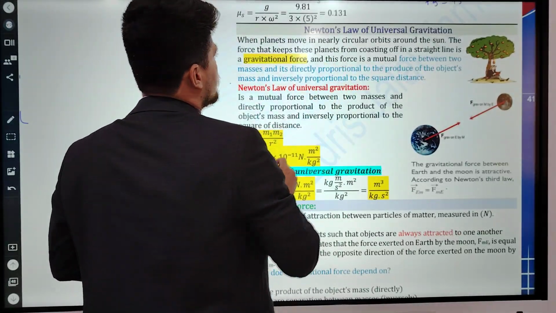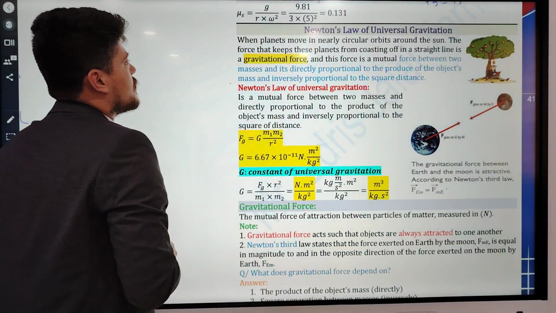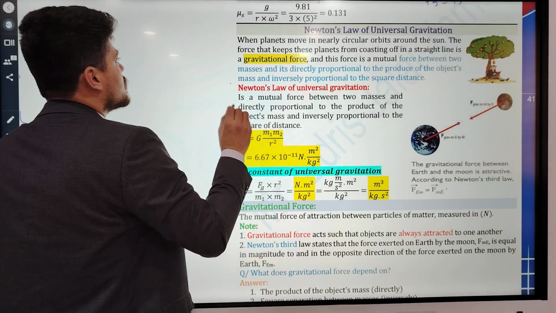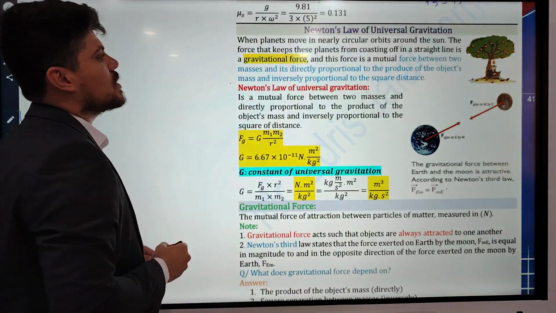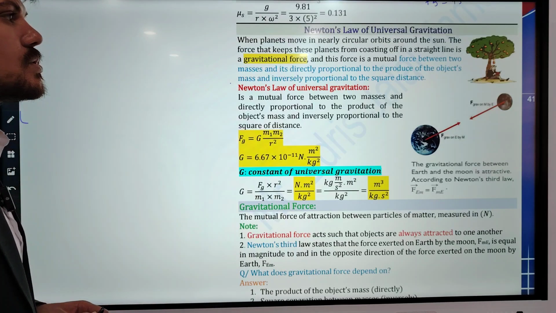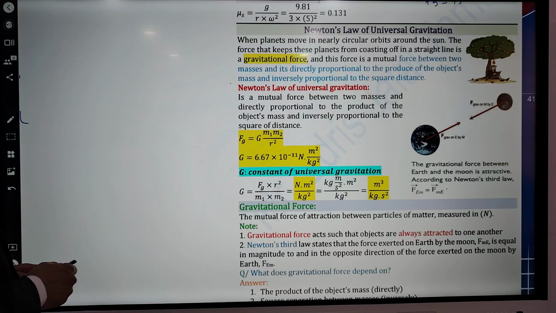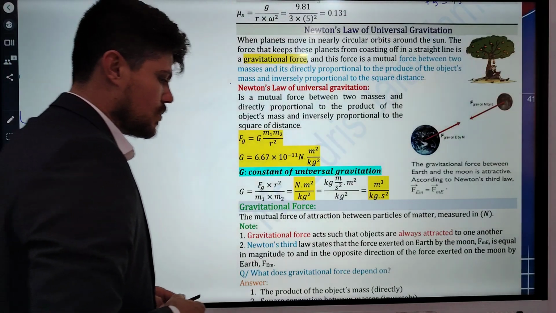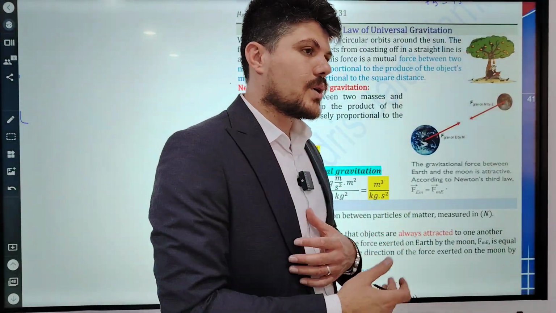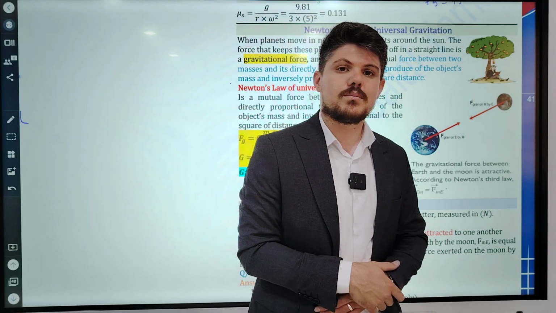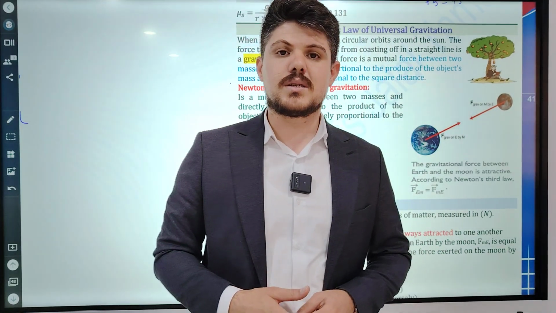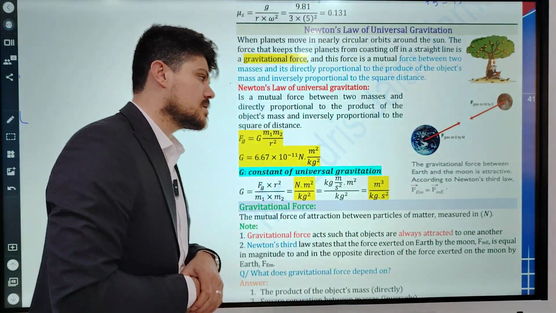So this force is mutual. What is the gravitational force? It's a mutual force between two masses, and it is directly proportional to the product of the objects' masses and inversely proportional to the square of the distance. What do you mean by directly proportional to the product of the masses and inversely proportional to the square of the distance between the two masses?